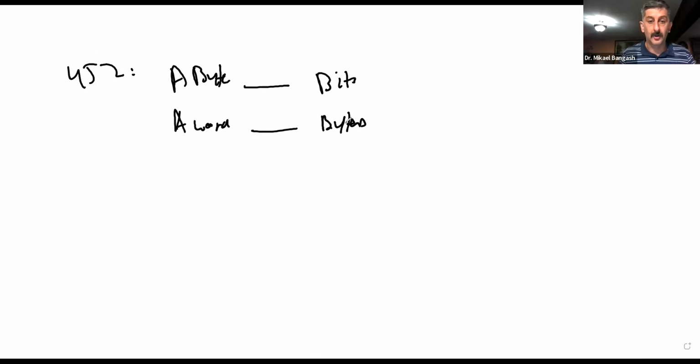So a byte is going to be 8 bits, and a word is going to be 2 bytes. Or if it had said bit, then it would have been 16 bits.